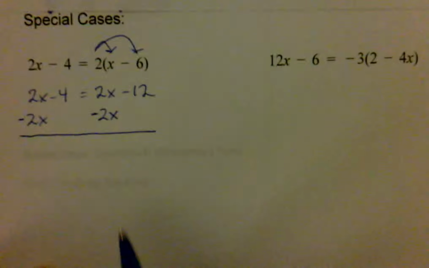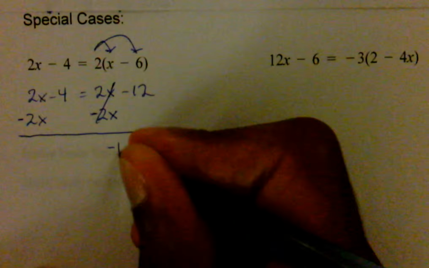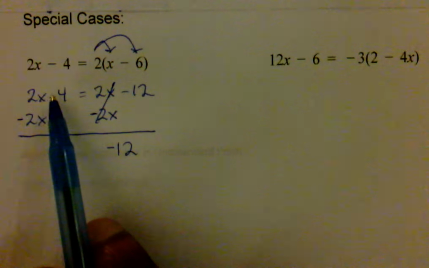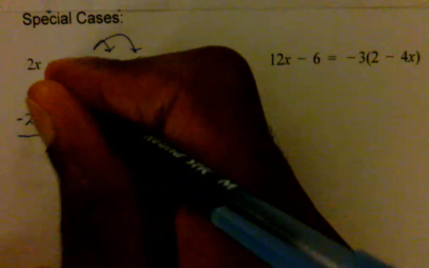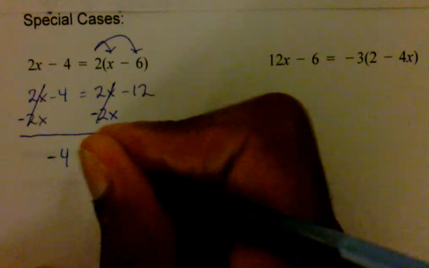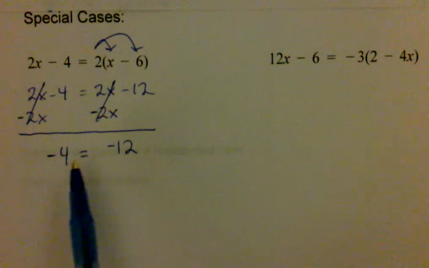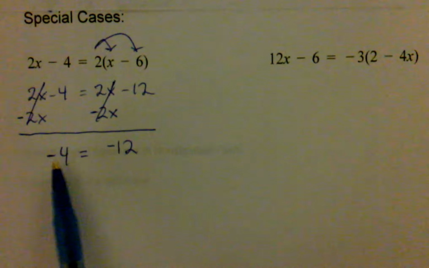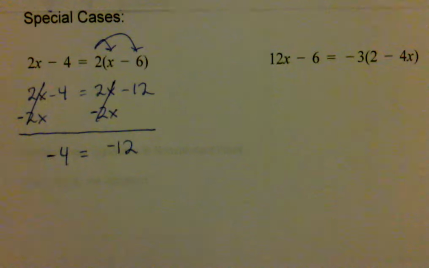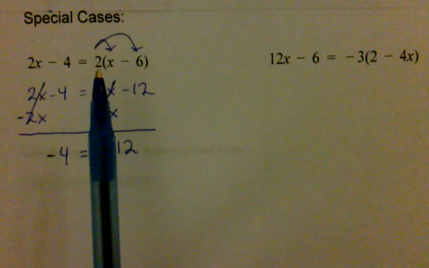On the right, my 2x's cancel and I'm left with negative 12. On the left, 2x minus 2x also cancel and I'm left with negative 4. Now I have a statement that says negative 4 equals negative 12. I know that negative 4 does not equal negative 12, so what I have found is a case where there is no solution.